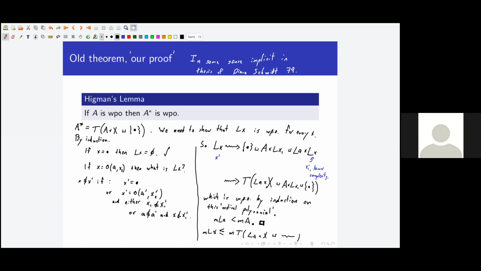So you give a condition for x not being smaller than x prime, and if so, you have either x prime is a black dot, and in this case it's okay, or otherwise x prime is a white dot, and then it should be both x1 is not less than x1 prime, I think. I might be wrong, but inside of your last "either or", I don't understand why it's not "and".